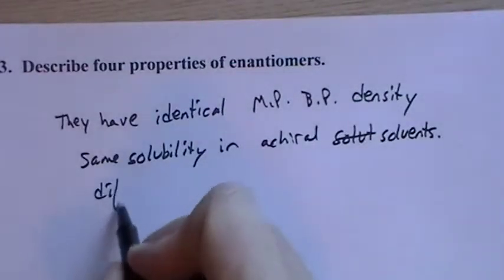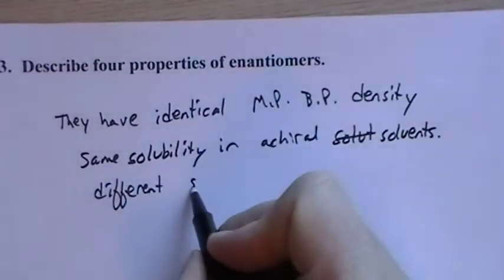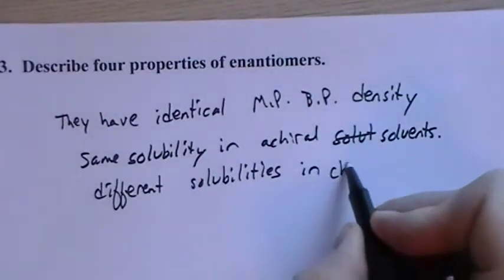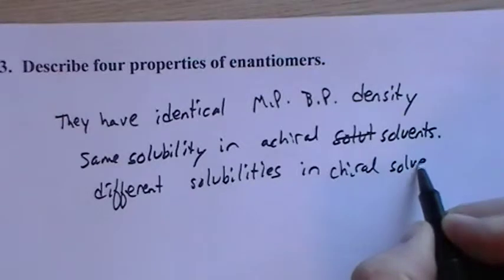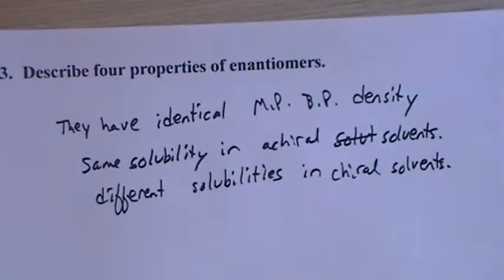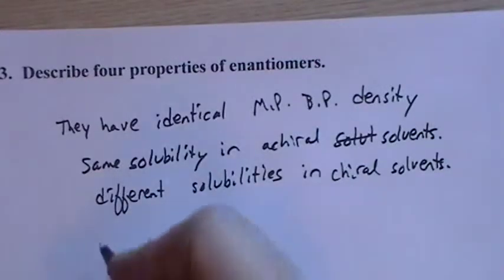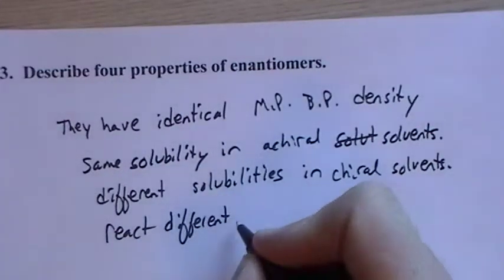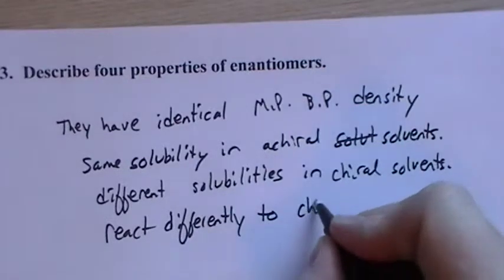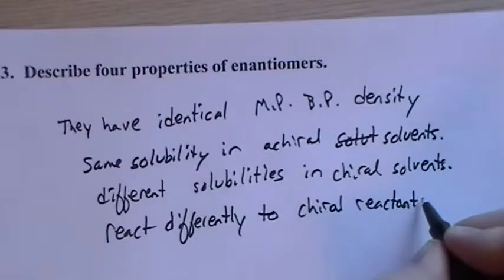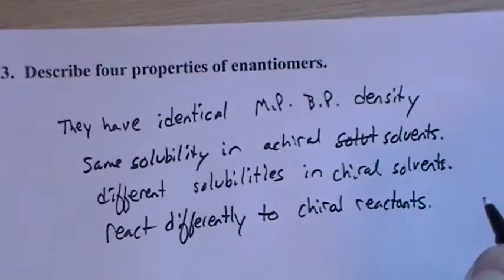But the enantiomers have different solubilities in chiral solutions, or chiral solvents. So when chiral compounds are dealing with other chiral compounds, they will react differently depending on which enantiomer it is. And then they react differently to chiral reactants, whereas with achiral reactants, they both react exactly the same way.